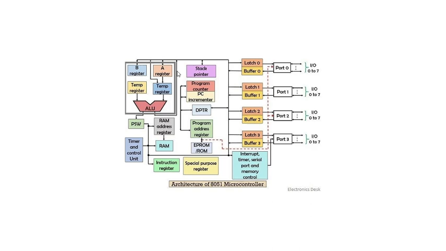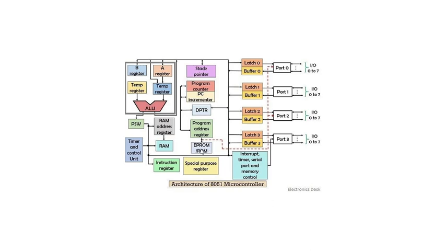It consists of the CPU and the memory, which includes the random access memory and the read-only memory. As we know, random access memory is for the data, whereas read-only memory is to store the code.